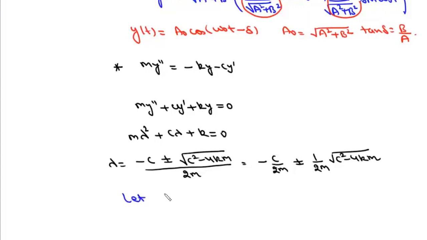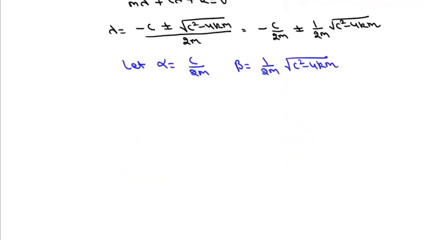We'll let alpha as c by 2m and beta as 1 upon 2m under root of c square minus 4km. So now we can write this lambda 1 as minus alpha plus beta and lambda 2 as minus alpha minus beta.